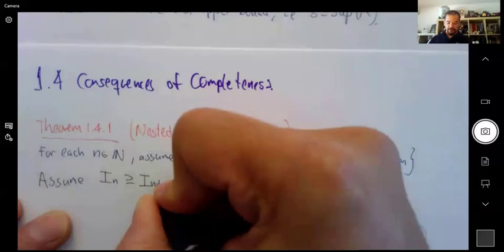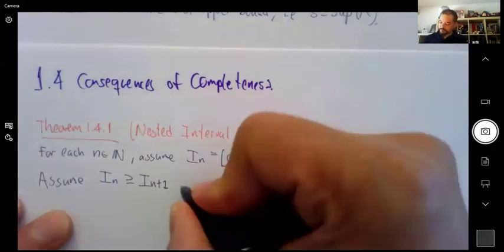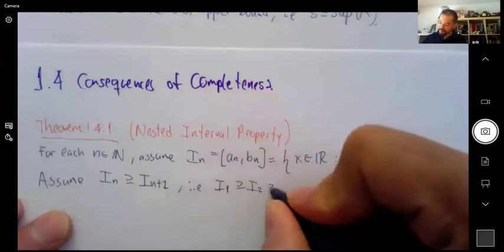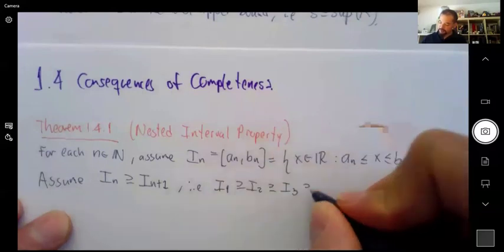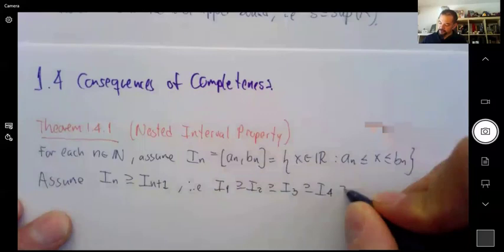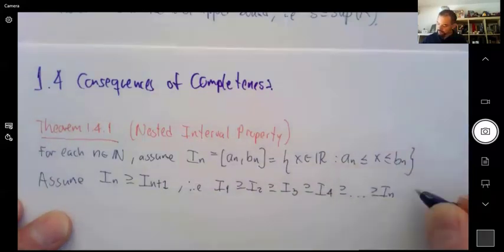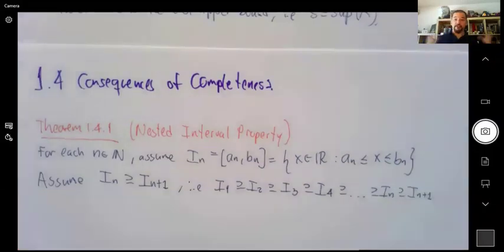That's the nested part. So in other words, I_1 contains I_2, and I_2 contains I_3, and I_3 contains I_4, and it continues on like that. So it's always one inside the other, and there's infinitely many of them, right? Lots of intervals, one inside the other, inside the other, inside the other.